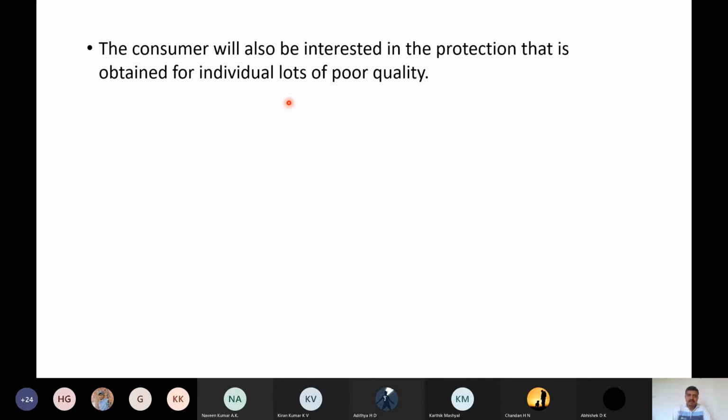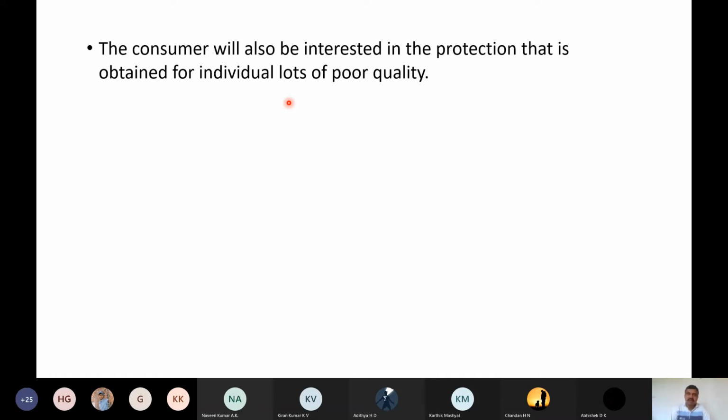But at times there is one more possibility, since you are playing with averages. Some lots may have better quality than your benchmark or acceptable quality limit. Some lots may have very poor quality, and you may still be accepting them because you are considering the average fraction defective. So now the consumer wants one more warranty or protection.